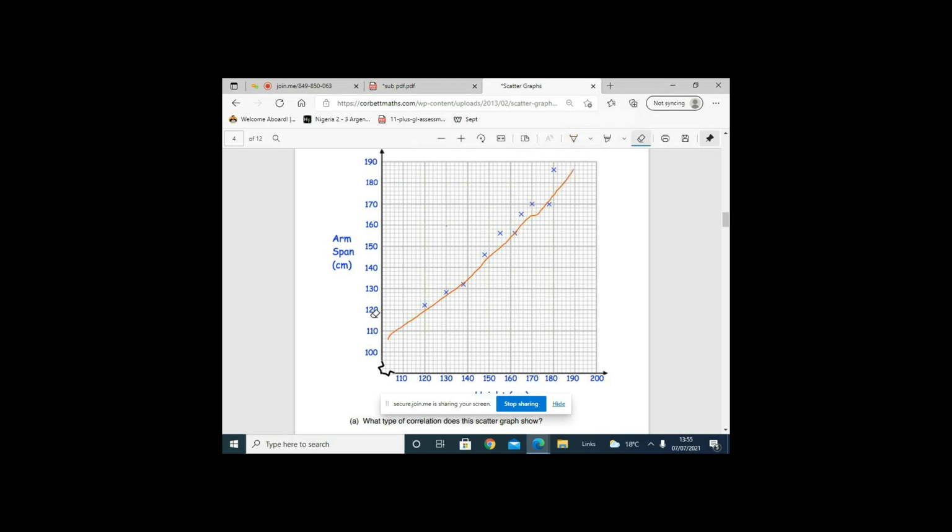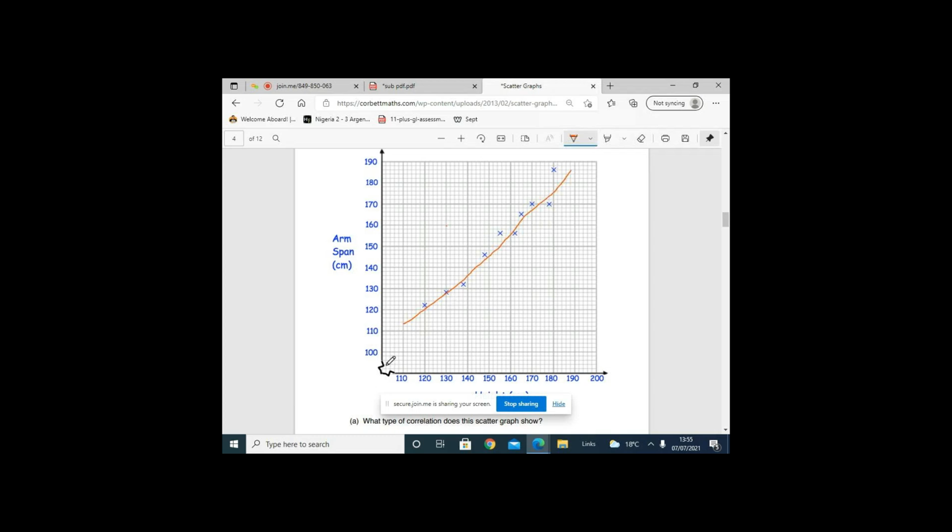It doesn't go central here. So there is this. Yeah, that's the line of best fit.